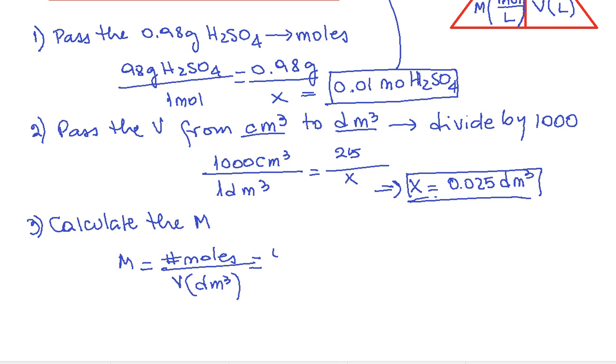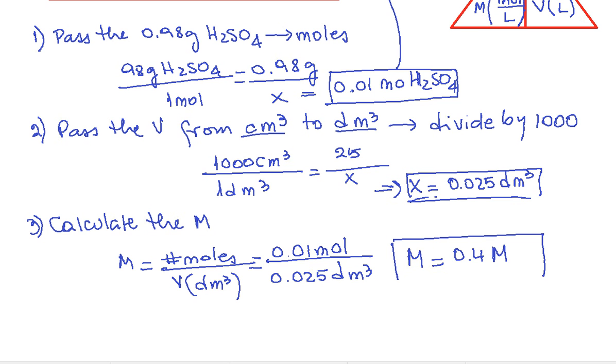So number of moles, 0.01 moles, and the volume in decimeter cube is 0.025 decimeter cube. If my calculations are not wrong, the molarity is going to give you 0.4 molar. It means that in 1 liter, we are going to have 0.4 moles of sulfuric acid.